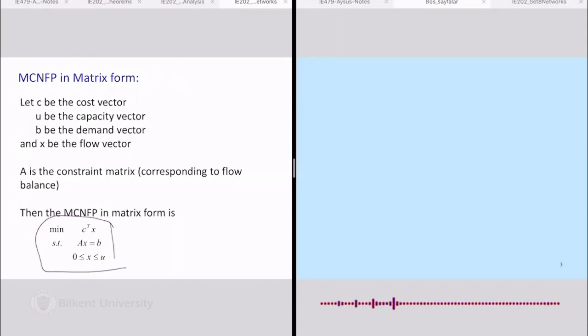We're minimizing c transpose x, where c is a vector, subject to Ax = b, and x should be between the bounds. Why this problem is important, why it is unimodular, and everything is hidden in this A, because A is very specific. Let's see why.